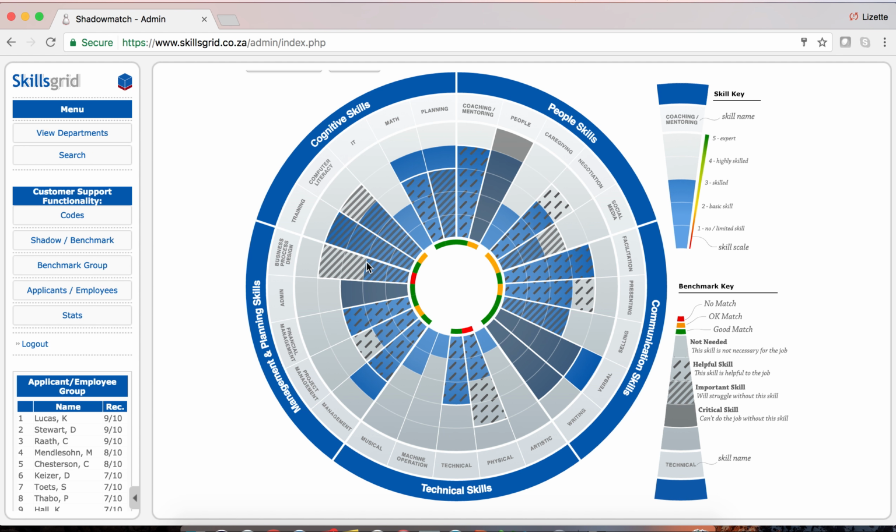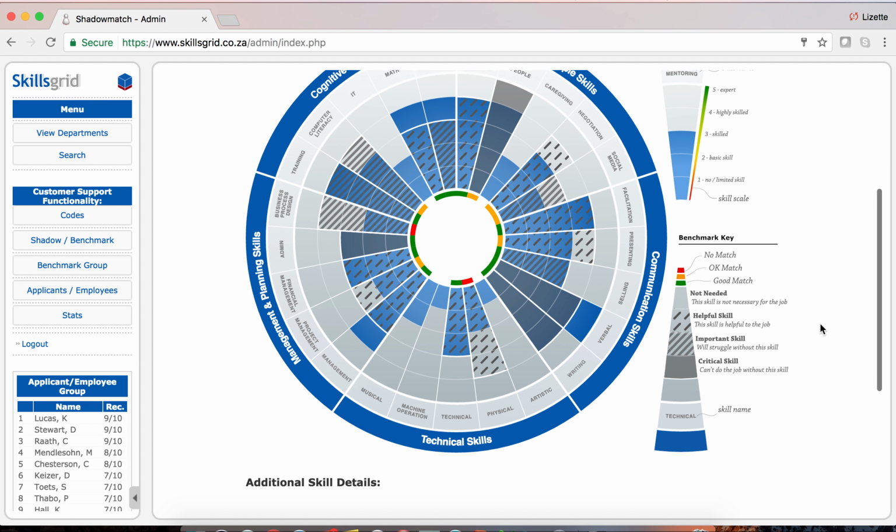So the system says because it's an important skill and Chip is 2 levels of intensity lower than the top performers, we believe that this is not a good match and this might be an area of risk. So that is how you would interpret this graph, by means of looking at the match and the comparison to these skills and looking at the colored indicators.